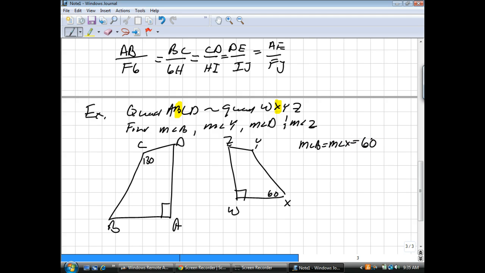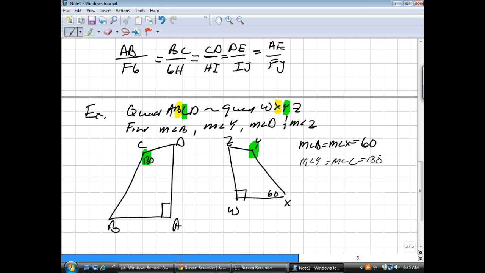And since C corresponds to Y, then Y must also be 130 degrees. So we know that measure of angle Y equals measure of angle C equals 130.